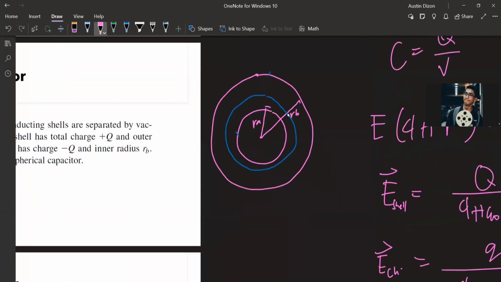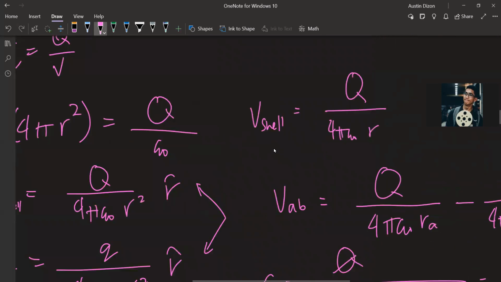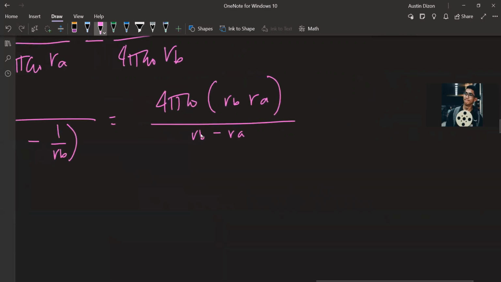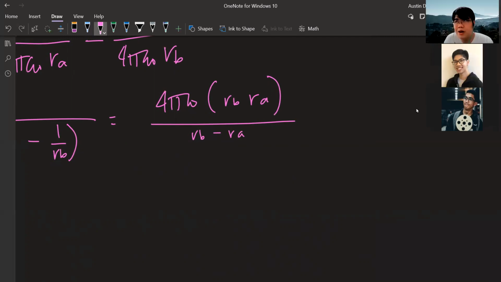RA is less than RB, so everything here becomes positive. The only thing you have to worry about is yung denominator, and it turns out RB is greater than RA. So yung subtraction nila would be positive. That's one sanity check to do when solving for things.